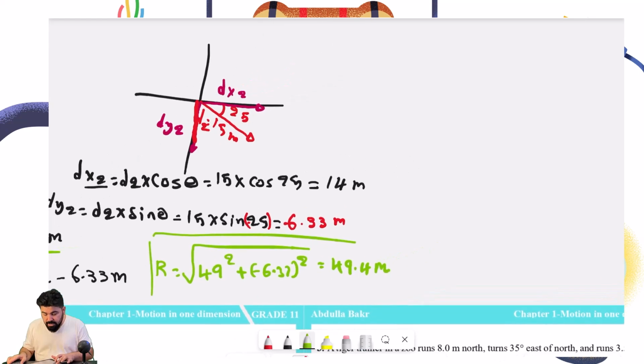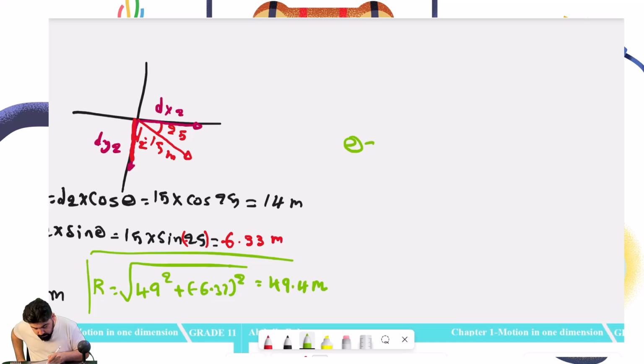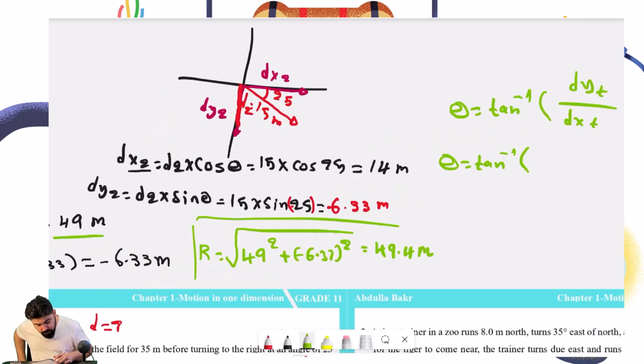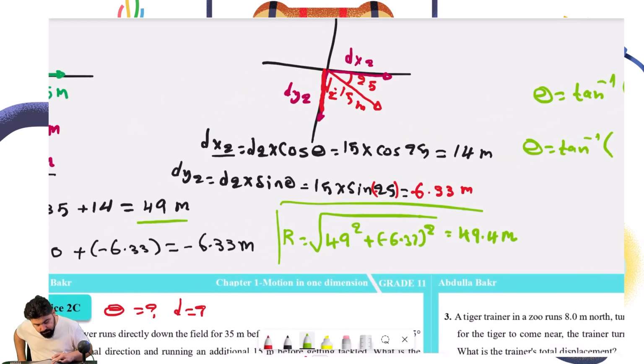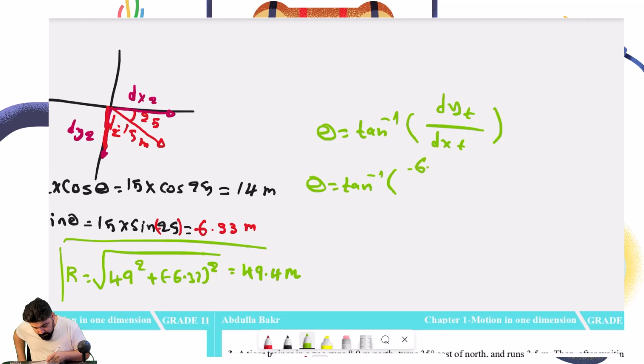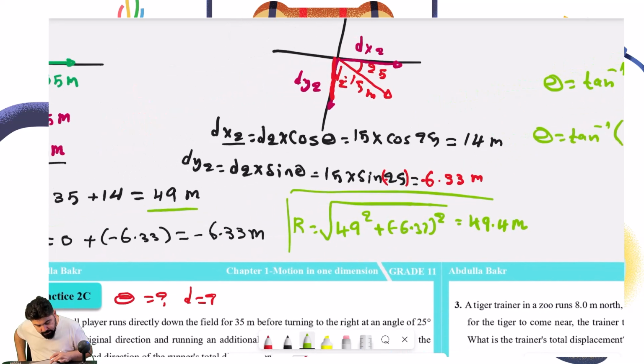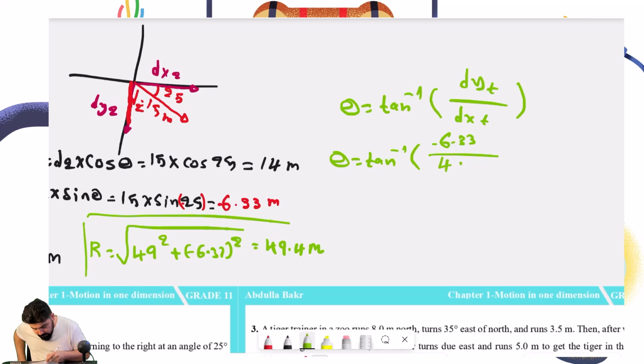Now let's find the theta. So theta is equal to what? Tan inverse of dy total divided by dx total. So theta is equal to tan inverse of dy, which is equal to negative 6.33, divided by dx total, which is equal to 49.